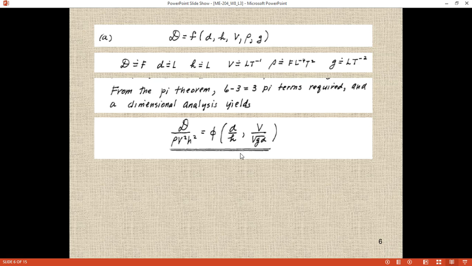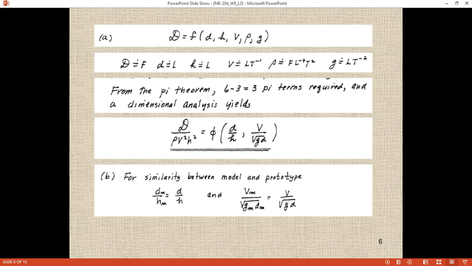So these are the pi terms for the prototype. Now, to solve part B, we are going to write down the pi terms for the model.